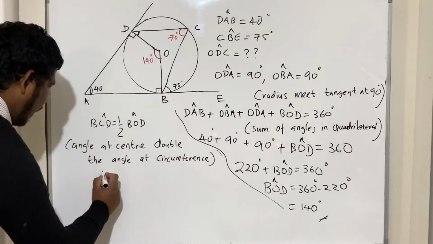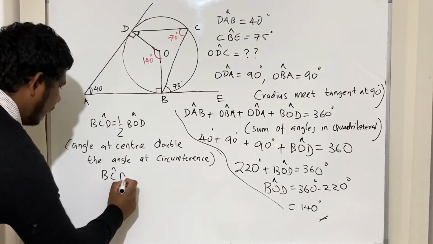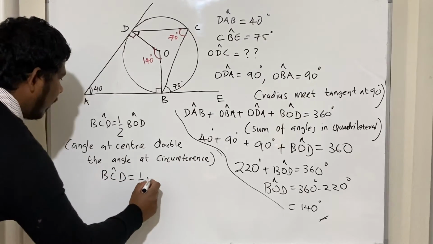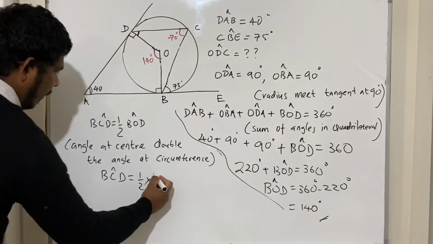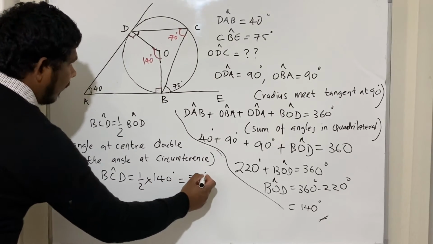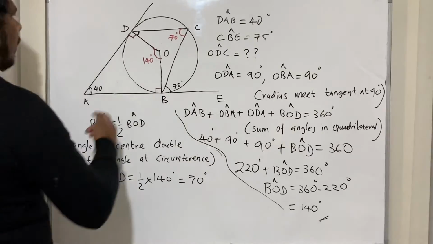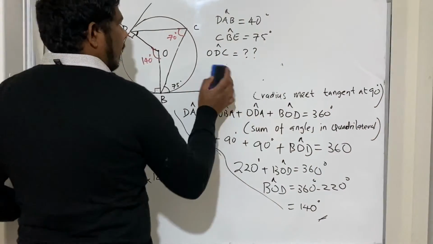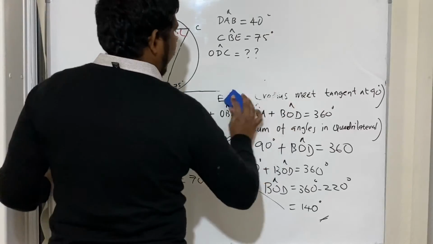So angle BCD is half amount of BOD, which is 140. So it's going to be 70 degrees. So this is 70 degrees. So I can delete this page.